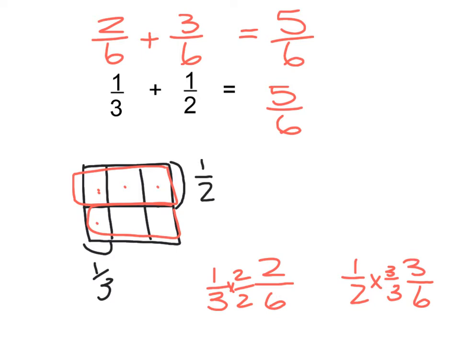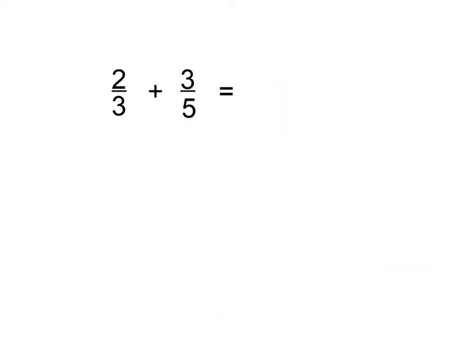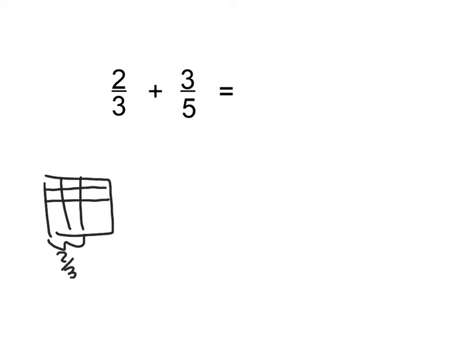All right, let's try another problem. We have 2/3 plus 3/5. So I'm going to draw to show 2/3, and this right here is 2/3. I'm going to split in the other direction to show 3/5.